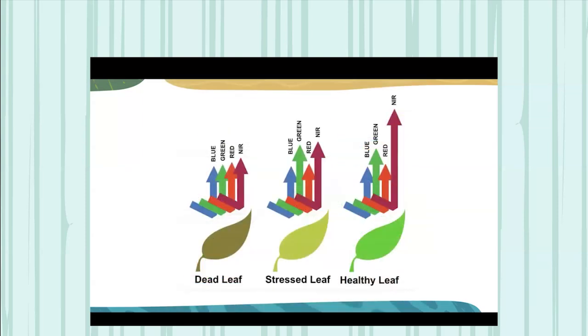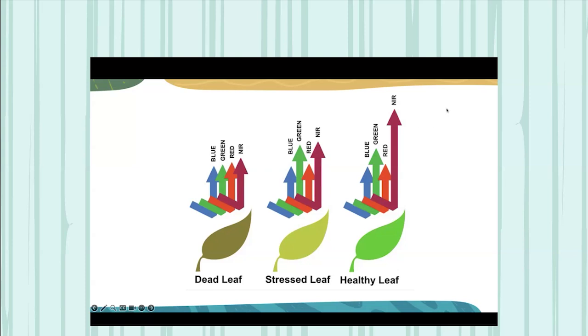So when we apply this on plants, you can see in visible light we have R, G, and B, and before R, we have near infrared. In a healthy leaf, a big portion of near infrared is reflected back.